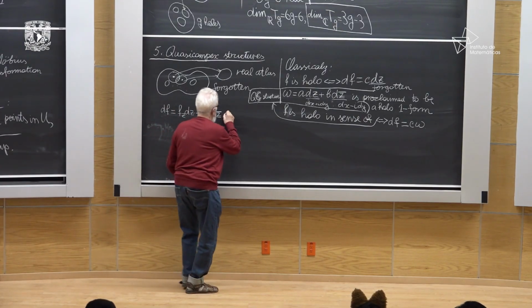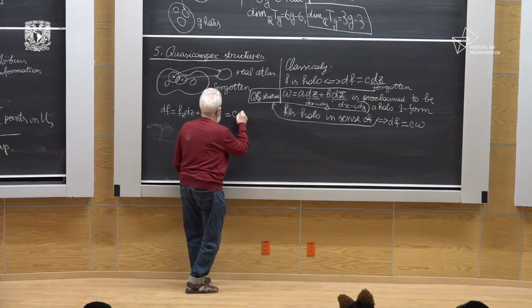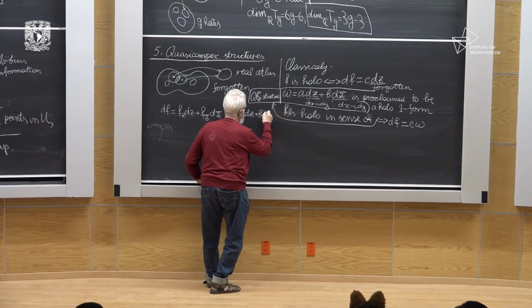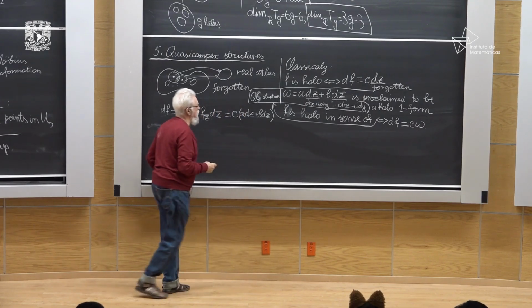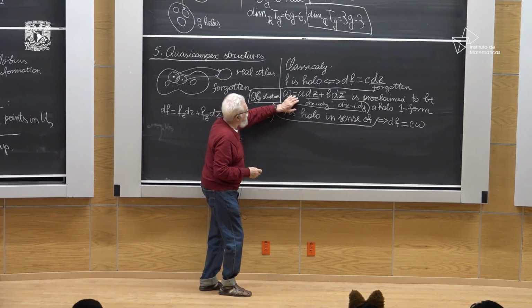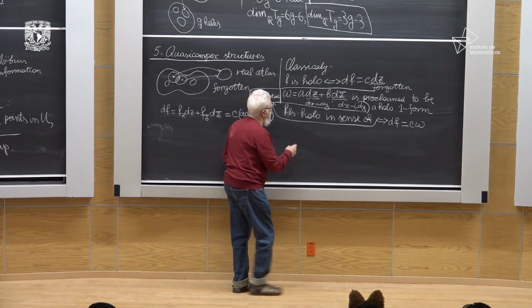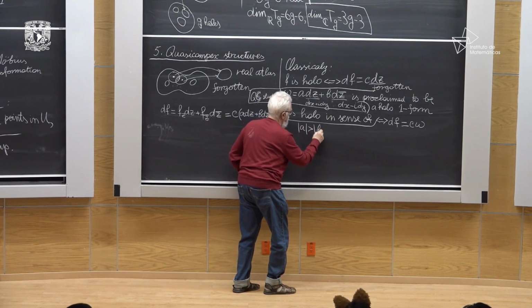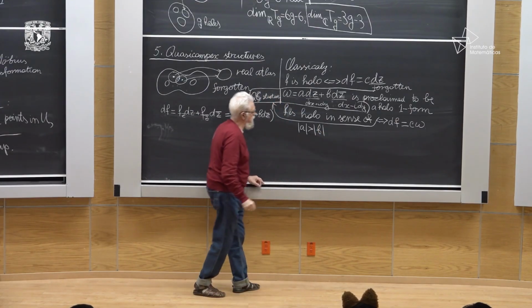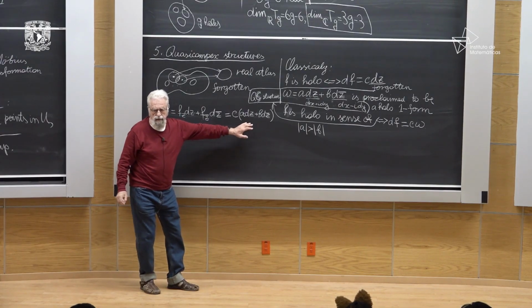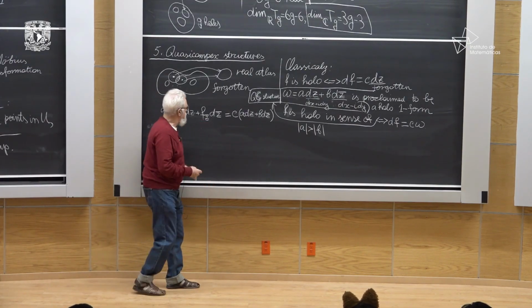So I want this to be A dz plus B dz̄. In order that this should be really the forgotten complex structure, one should require that the modulus of A is greater than the modulus of B. I do not explain this in detail, just remember that this is the requirement.